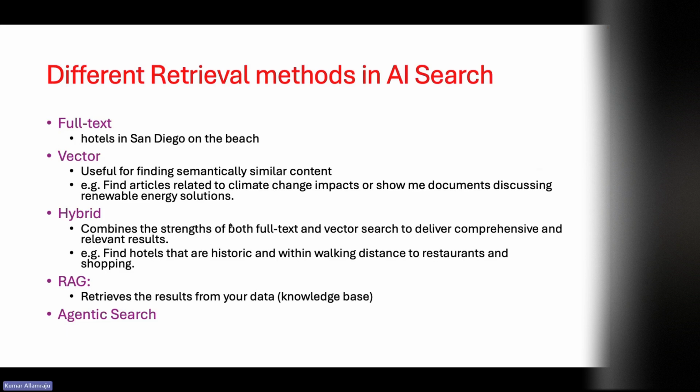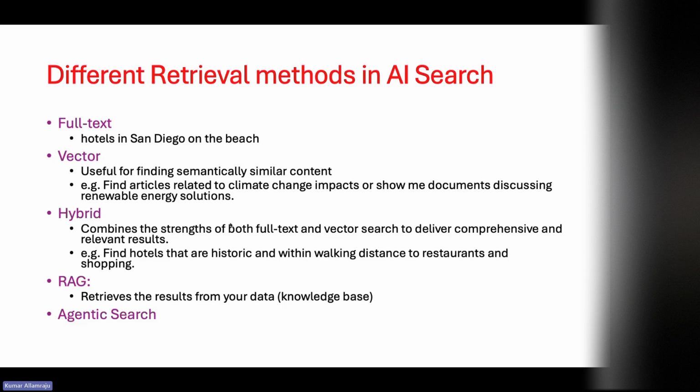In AI Search, obviously, you index your documents or data. Then there are ways to retrieve it. When we first started off, you could retrieve the documents using a full text search. For example, you can ask a question: give me some hotels in a particular city, and it retrieves the information.